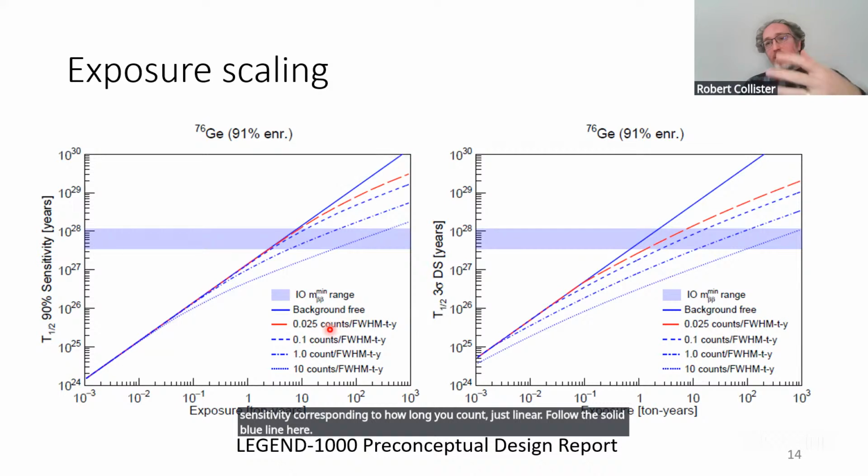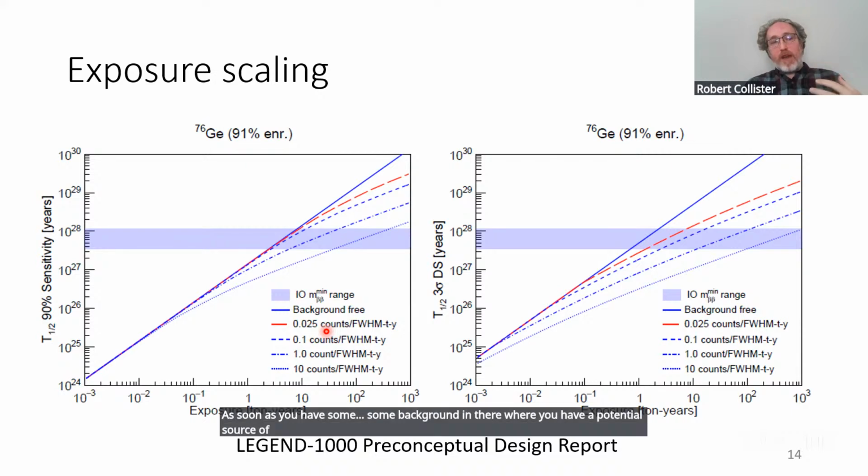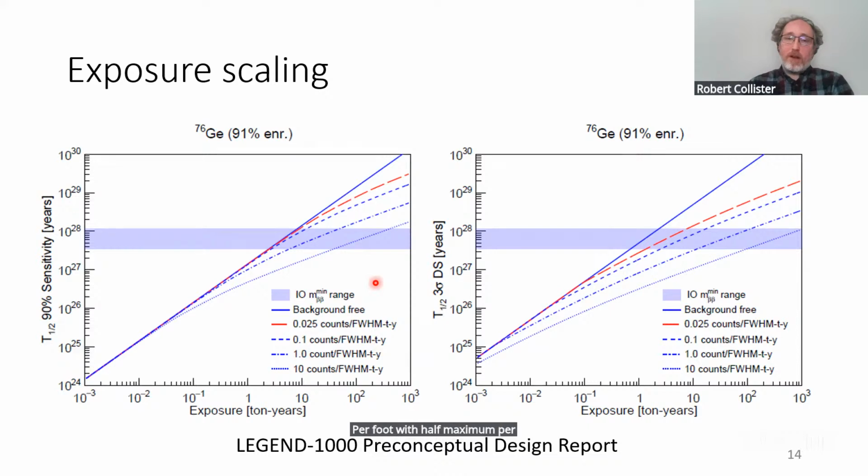As soon as you have some background in there, where you have a potential source of events that could be misattributed to neutrinoless double beta decay, then you're no longer linear. You're on one of these other lines that fall off more sharply, depending on how many counts per full width half maximum per ton per year you're living with.